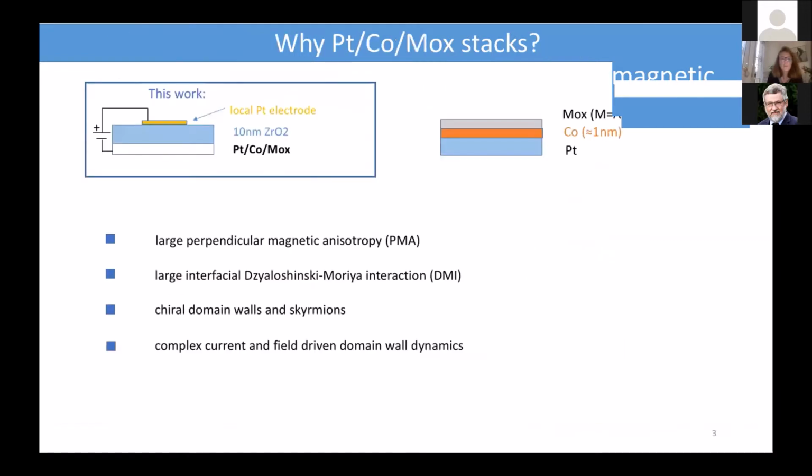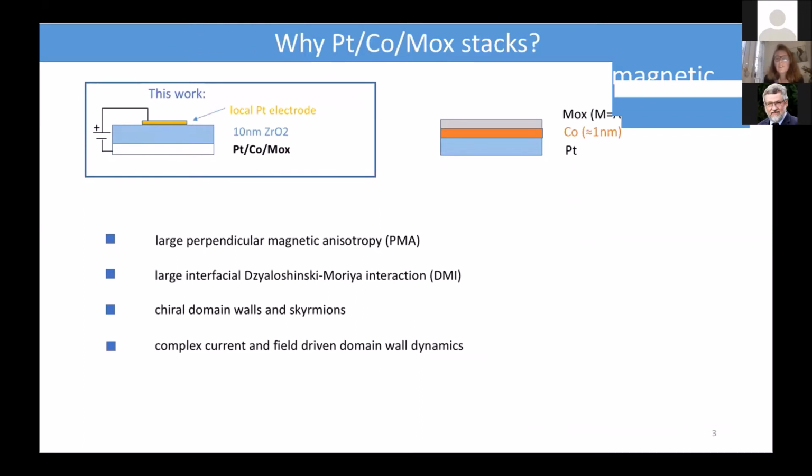In the work that I'm going to present today, we had a slightly different approach. We started with our favorite model system, which is a tri-layer of platinum cobalt with a thin layer of oxide. In the case of this work, we used aluminum, magnesium, and terbium oxide.